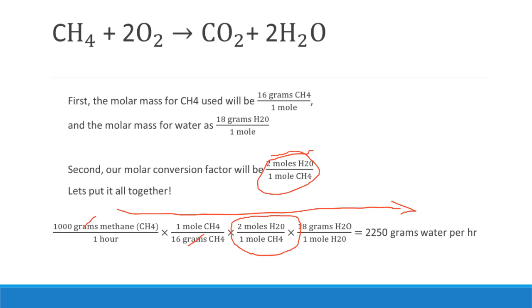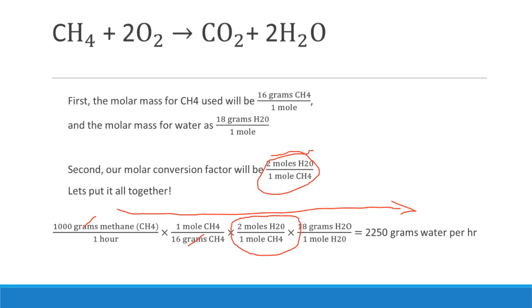So the amazing thing is, across this chemical equation, we've taken an understanding of the amount of methane and found an entirely different substance because it has a balanced relationship. And that is the key of conversion factors in chemistry.